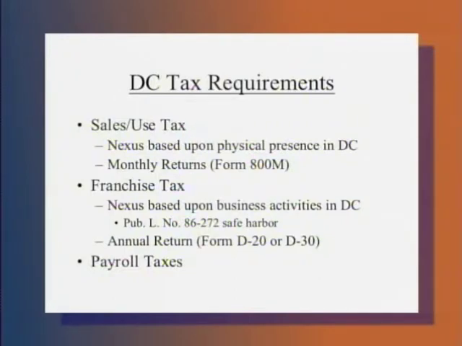And if you do have nexus as a non-DC based taxpayer, then the question is, do I have an obligation to collect? The answer depends upon their activities in the district. Do they have employees who are in the district? Do they lease or own office space in the district? Do they use a common carrier to transport the goods?